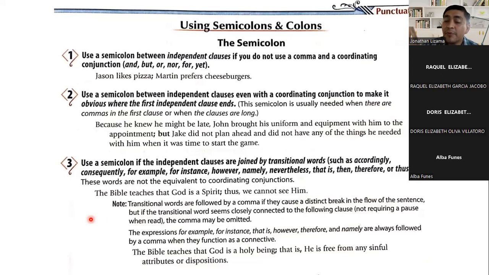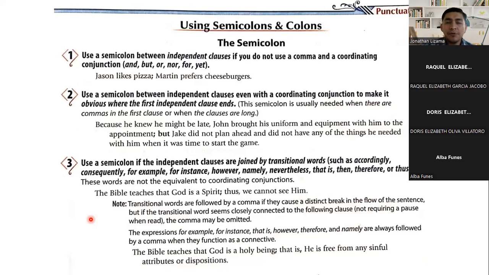If they cause a distinct break in the flow of the sentence, but if the transitional word seems closely connected to the following, not requiring a pause when read, the comma may be omitted. Ok, tres usos, ¿verdad? Number one, para cuando tengo dos oraciones como: I like to listen to music, comma, but my best friend likes to watch movies.